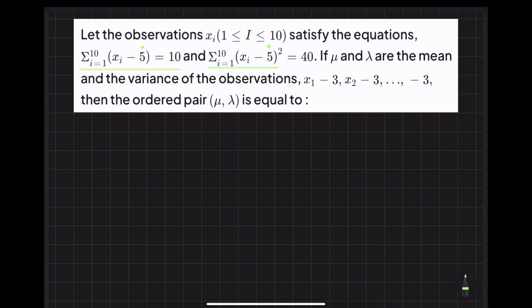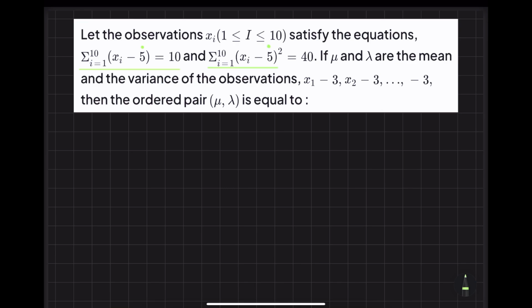Now you know that if you are adding a certain number to all the elements or subtracting a number from all the elements, it will affect the mean. It will not affect standard deviation, it will not affect variance. You remember that thing?